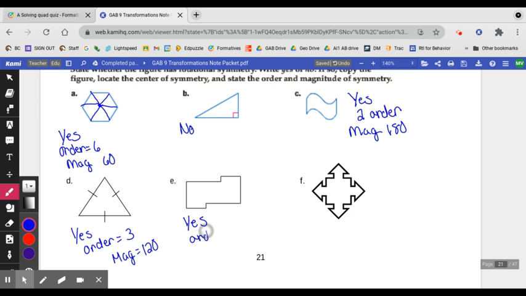The order is 2 because we can flip it upside down, and the magnitude is 180. Letter F is yes. Its order is 4 because we could move this 1, 2, 3, 4 spots, and its magnitude is 90.